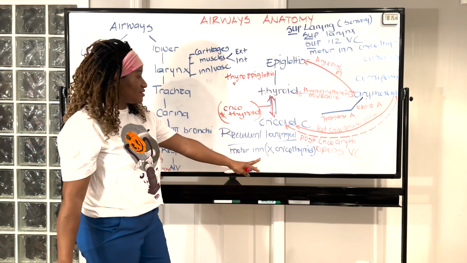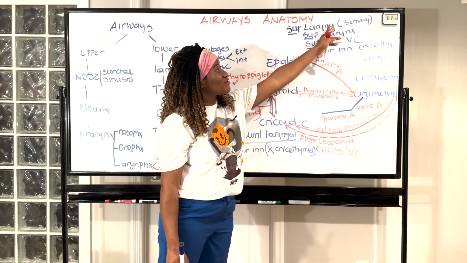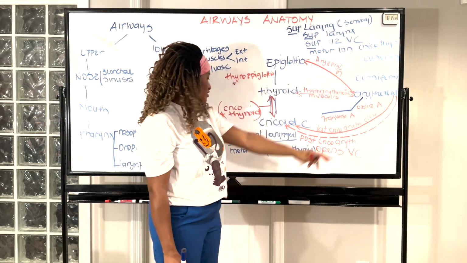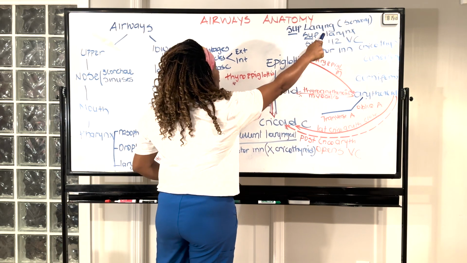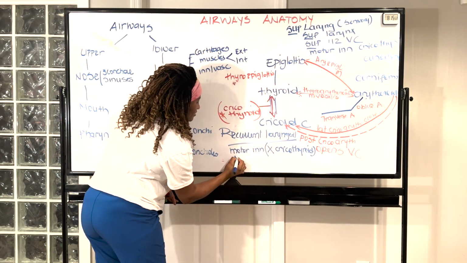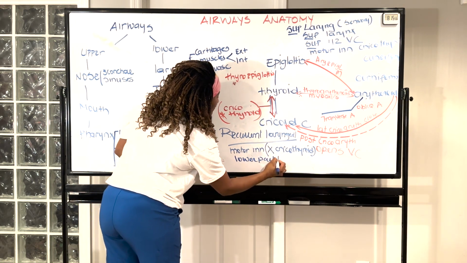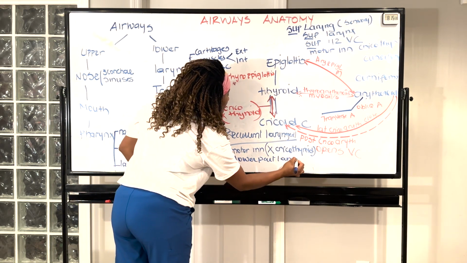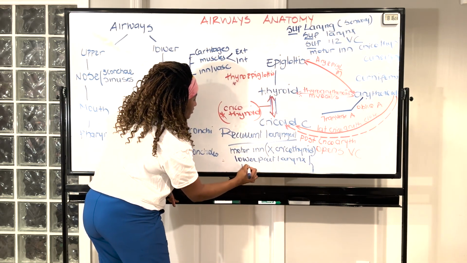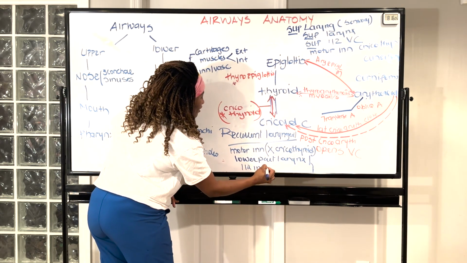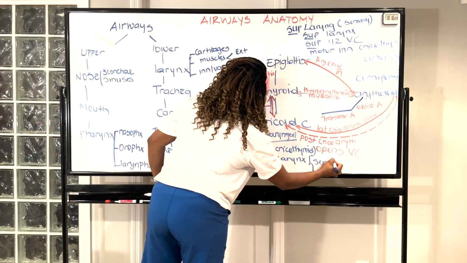And we see that the motor innervation of the cricothyroid is done by the superior laryngeal nerve, the external branch. And the recurrent laryngeal is also going to do the lower part of the larynx. This is going to be their sensory innervation, and the lower inferior part of the true vocal cord. Sensory.